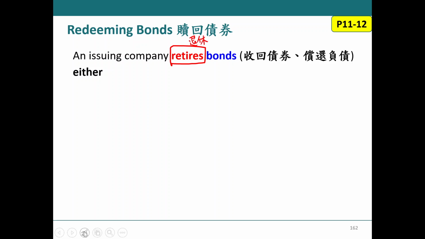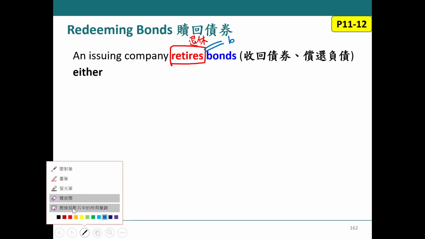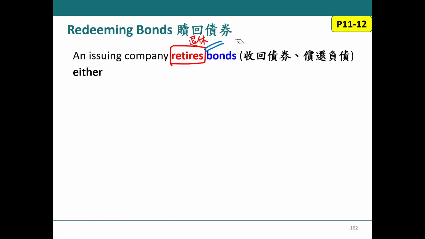So retire means what? When you decide to buy back, make your bond invalid, 无效.